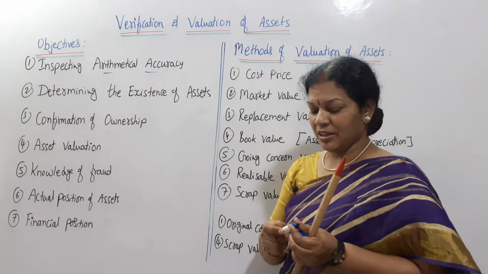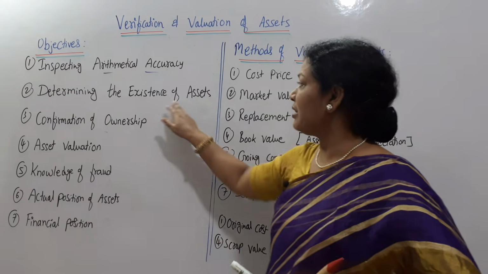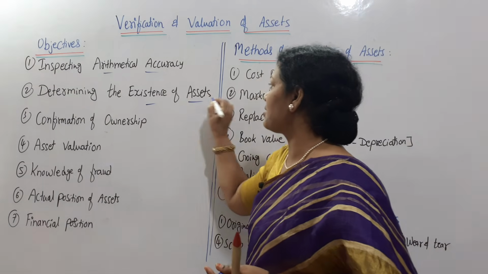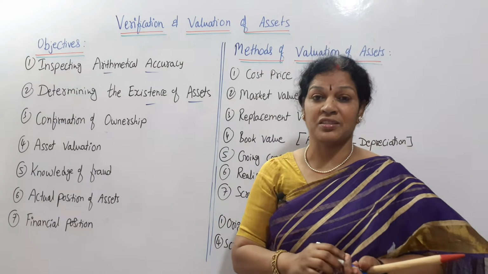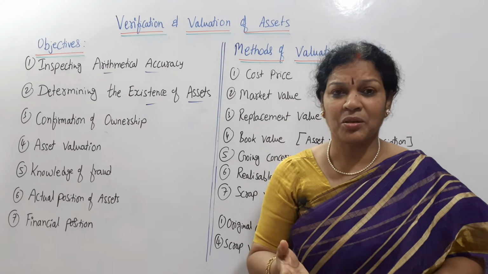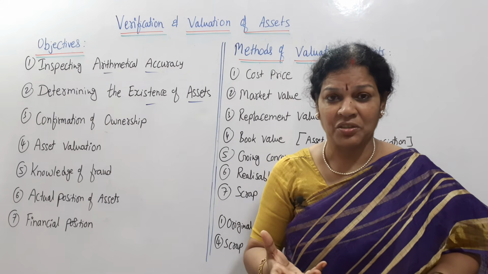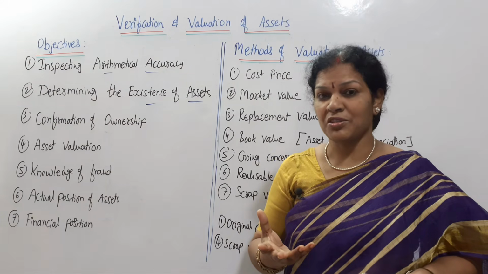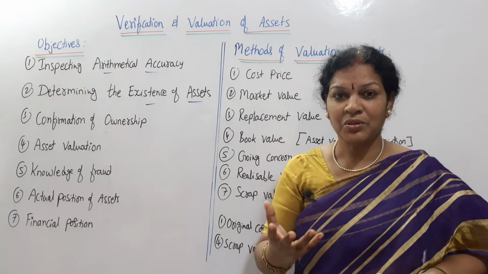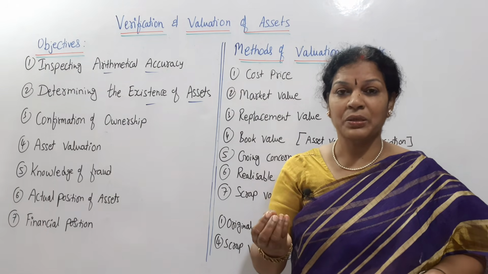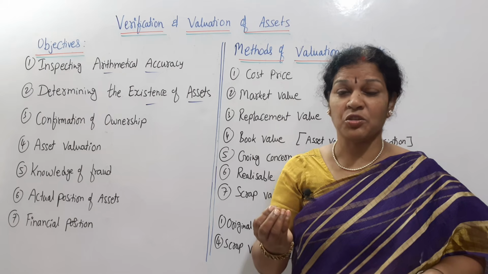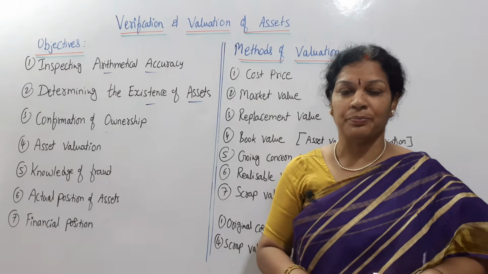Am I clear? Next one is determining the existence of assets. Do you have the assets or not? When we are verifying it, we will come to know how many assets we have. You have to see that. The existence you have to find. It should be visible.